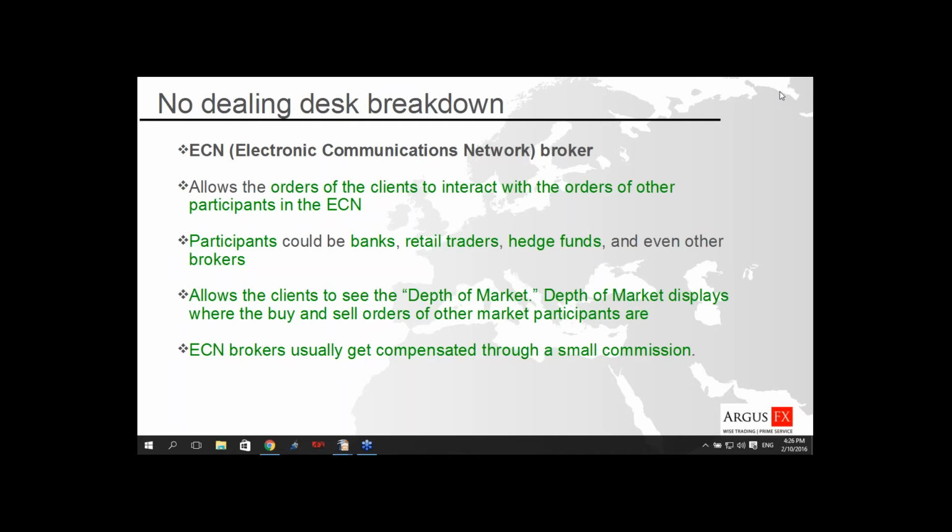And ECN brokers are usually compensated through a small commission. So you can see that an STP broker and an ECN broker are merged. It's one type of broker, and the other type is the market maker. So we have the market maker or the ECN STP broker.